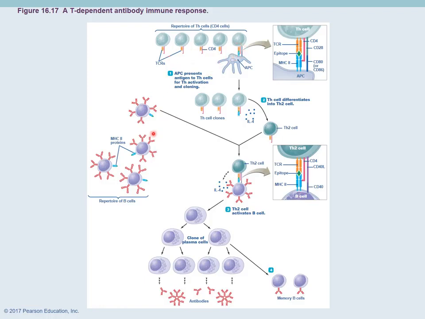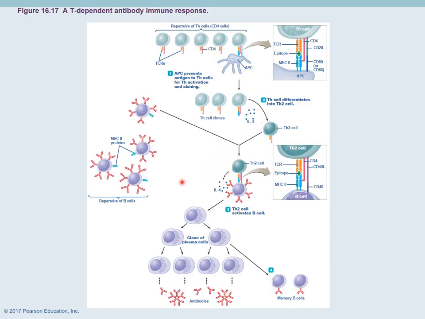So now your CD4 cells, a type of helper T cell, are like, okay, we now see this complex here. We need to make several copies of these. We need to make clones of them. And what's going to happen? We need to be able to recognize this particular antigen.